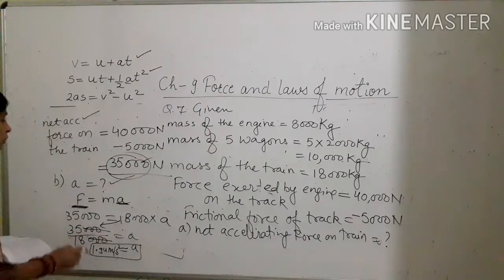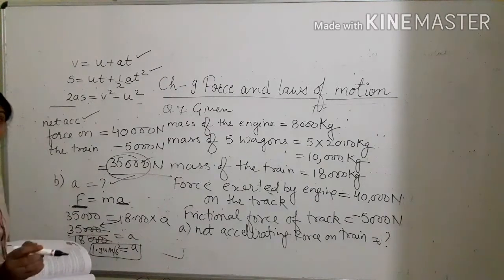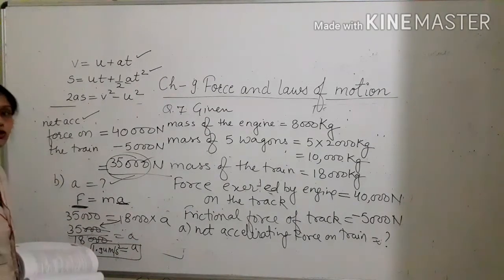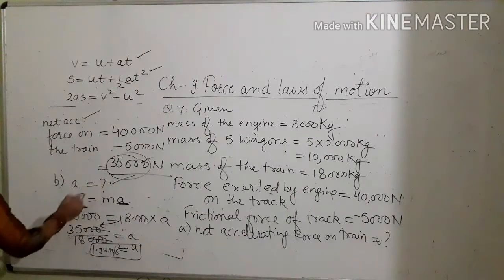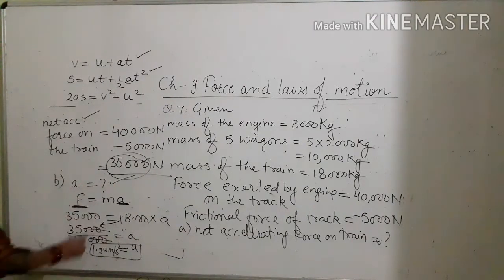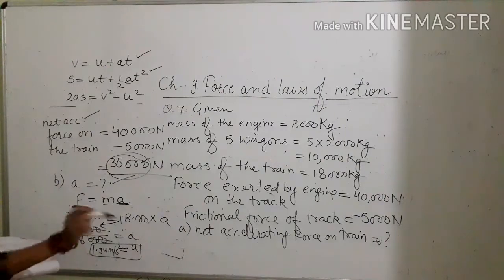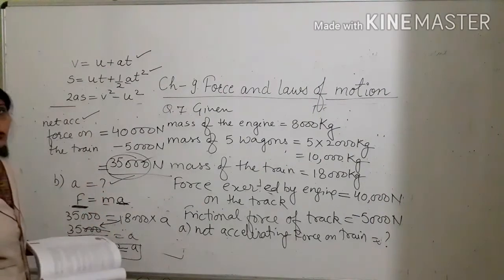Means you have to write here the net, the resultant accelerating force on the train, that is 35,000 Newton, is equal to the mass of the train, that is 18,000 kilogram, into acceleration of the train. Then you will be able to find the acceleration of the train.